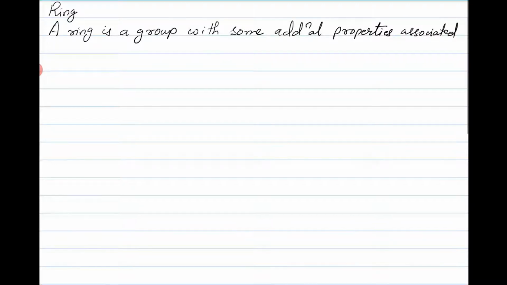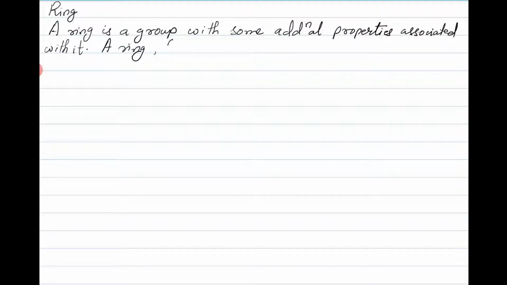Okay? So a ring is a group with some additional properties associated with it. What are these additional properties? We'll see.